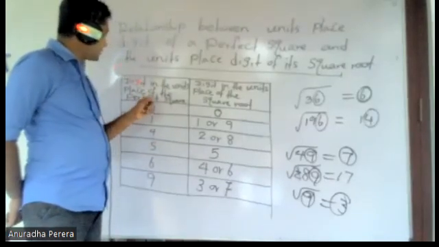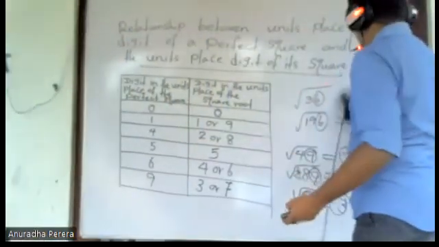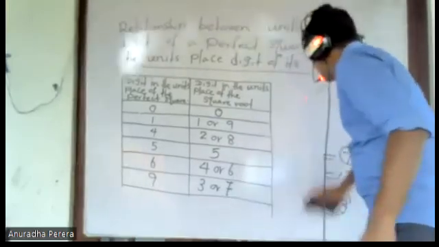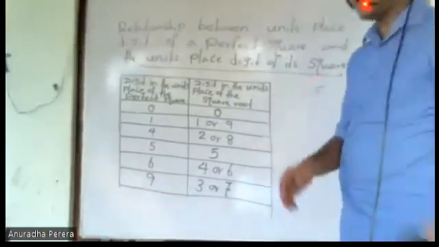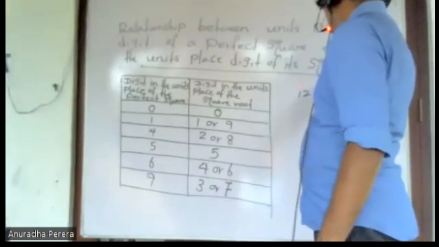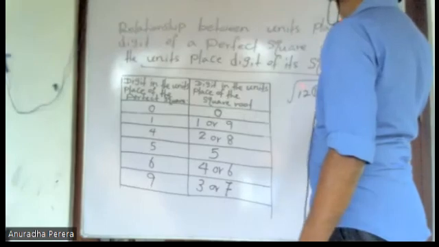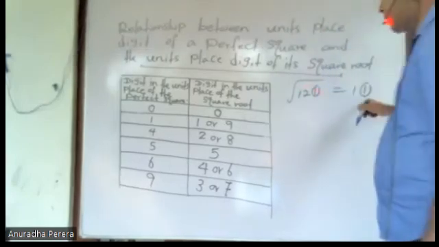The digit in the unit place of the perfect square is 1. Then as an example, if you consider 1, let's take 121. What is the unit place of this perfect square? 1. The square root is 11. That means the unit place of the square root is 1.